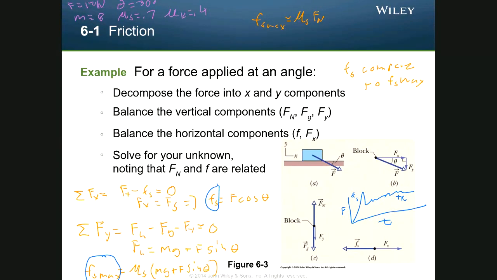Basically, when we find the Fs max, we're finding this value. The other question is, this Fs value, F cosine theta, is it equal to the maximum value that I just drew on the graph? Or is it somewhere here on this line?